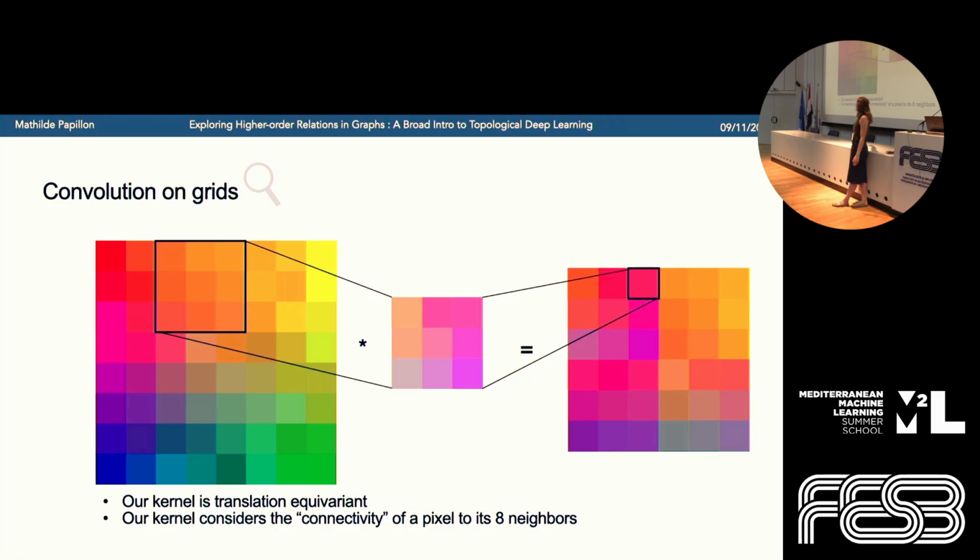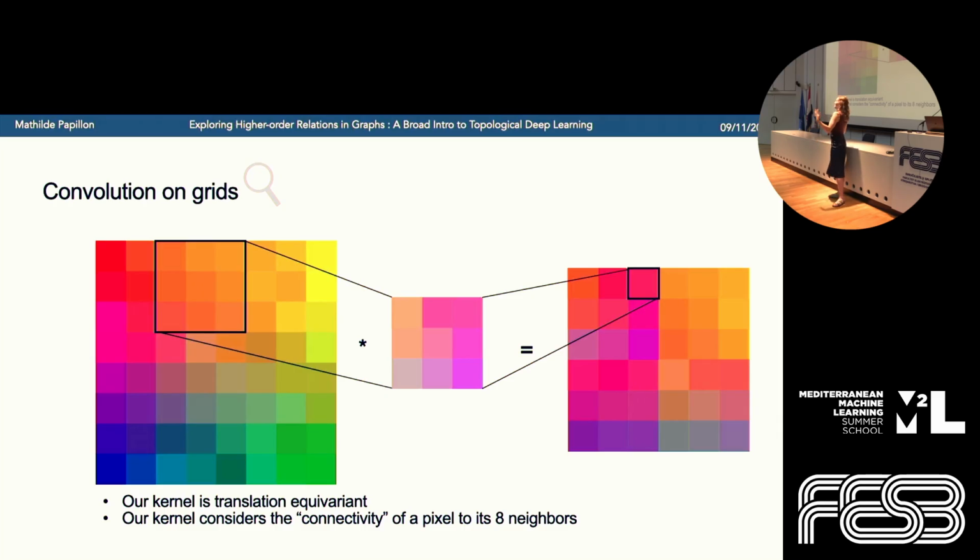And the other important property of convolution neural networks is that they consider the locality or connectivity of the pixel. So in this case, every single pixel is being summed to ultimately its 8 surrounding neighbors. So in a weird way, it's almost as if we had a graph with every single pixel connected to every other pixel in its immediate surroundings.